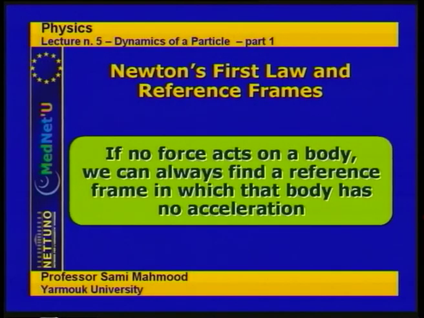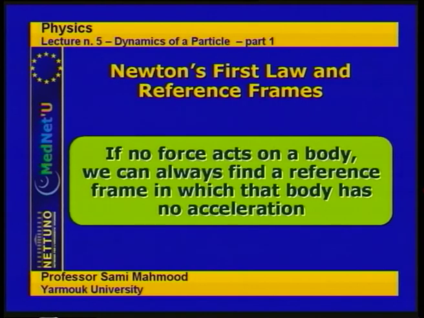Thus, Newton's law is a statement about the inertial frames. It can be modified, it can be written in a different way to connect with the concept of inertial frames of reference in which they are applicable.